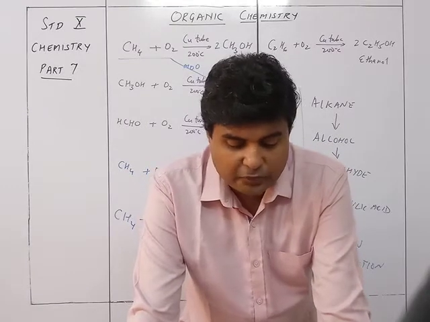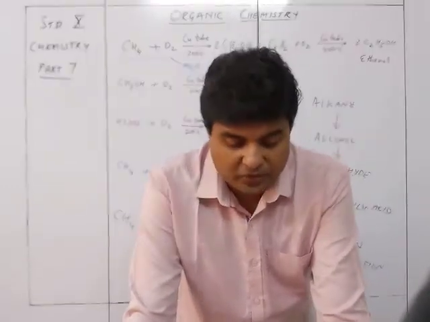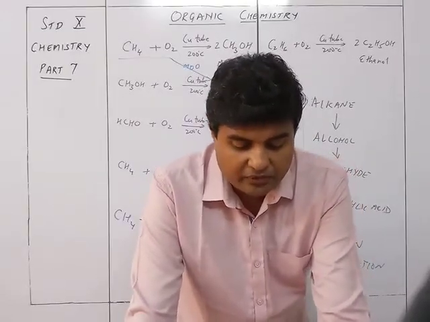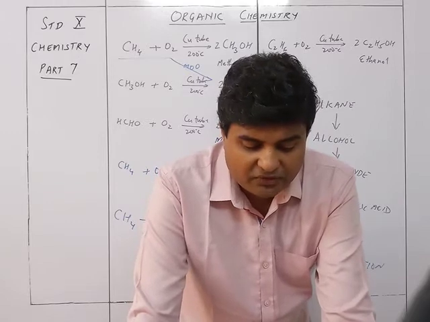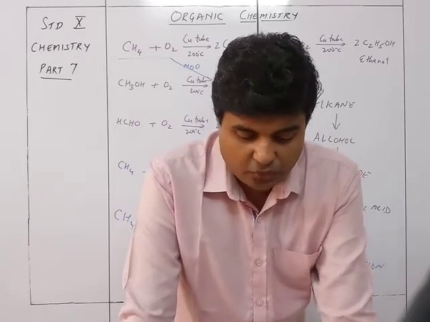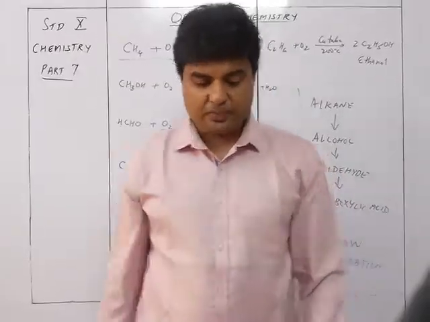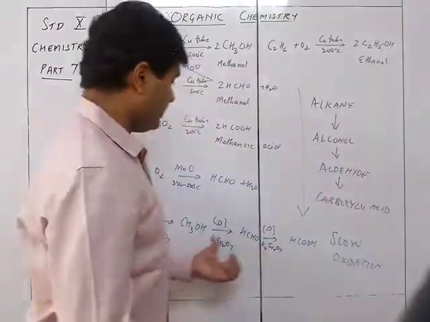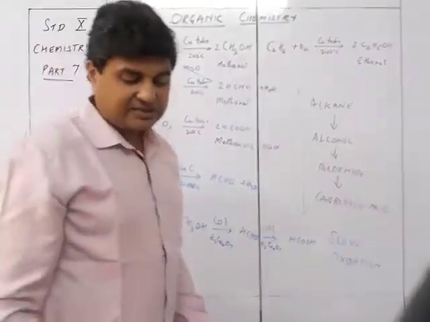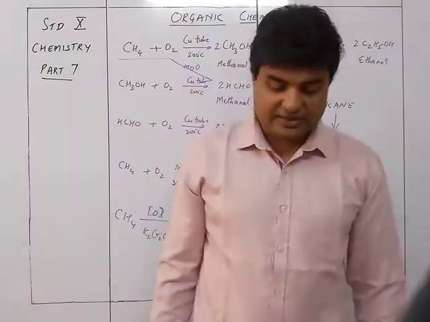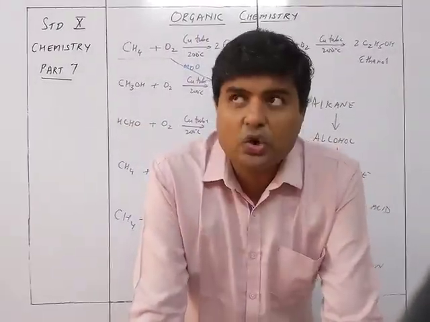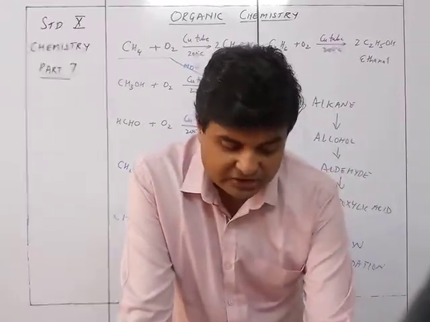It gives the corresponding alcohol, which further oxidizes to the corresponding aldehyde and then the corresponding acid. The reactions here are similar: CH3OH plus O gives HCHO plus H2O. So that was about the controlled slow oxidation reaction.